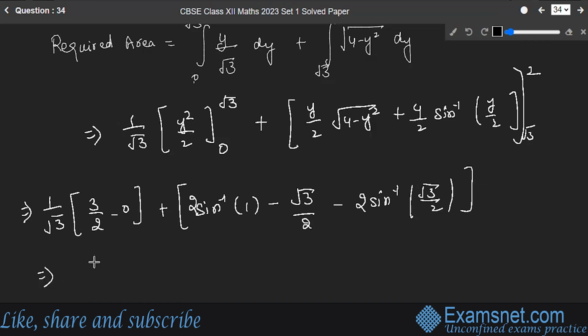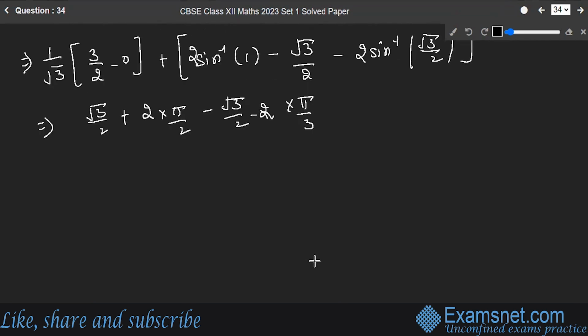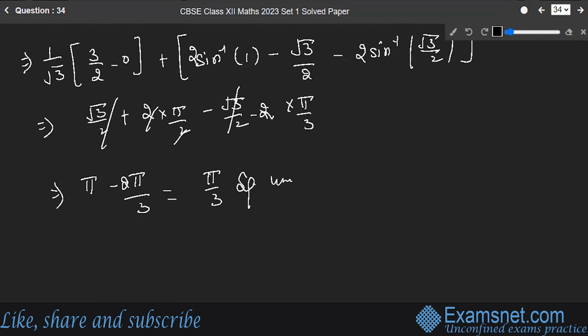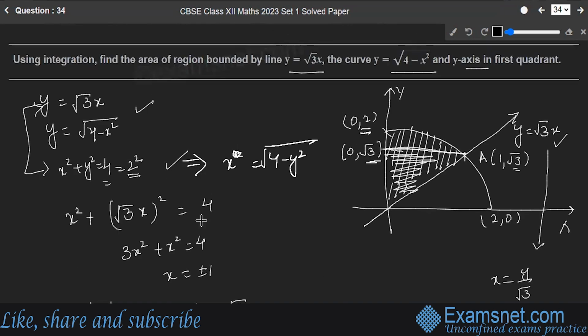This is equal to root 3 by 2 plus 2 sine inverse 1, which is pi by 2, minus this, and sine inverse root 3 by 2 is equal to pi by 3. So that gives you pi minus 2 pi by 3, because this will cancel, which is equal to pi by 3 square units. So this is the required answer.